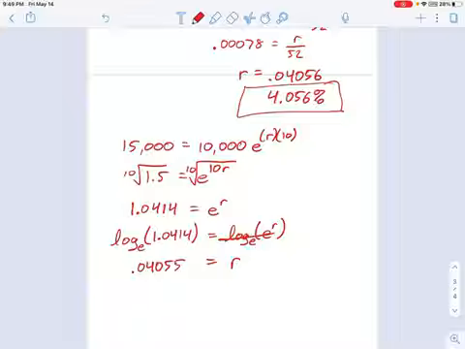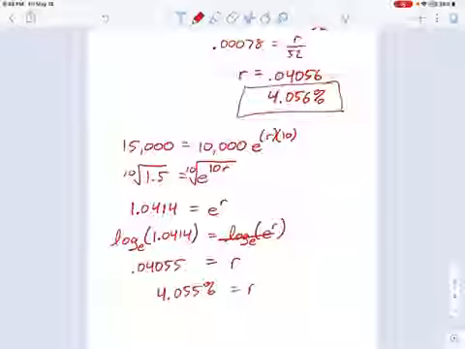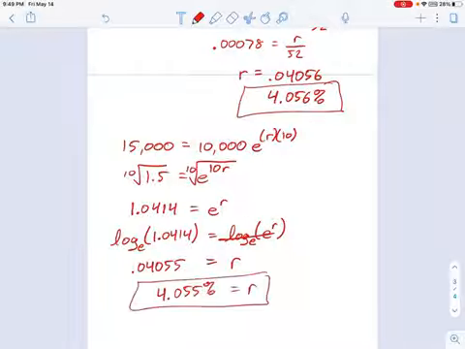So that is about an interest rate of 4.055%, okay, which is about what we got earlier, because when you're calculating a weekly compounding schedule, that's almost as good as continuous, so it's not too surprising these are very, very close to each other.